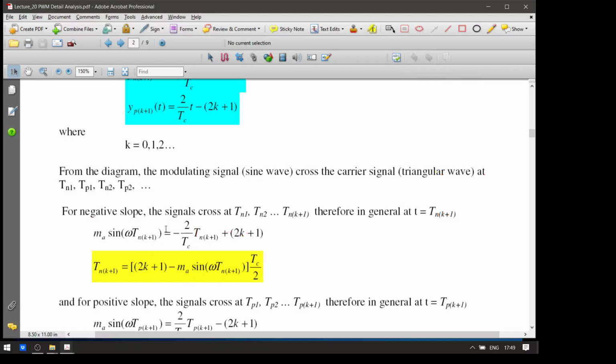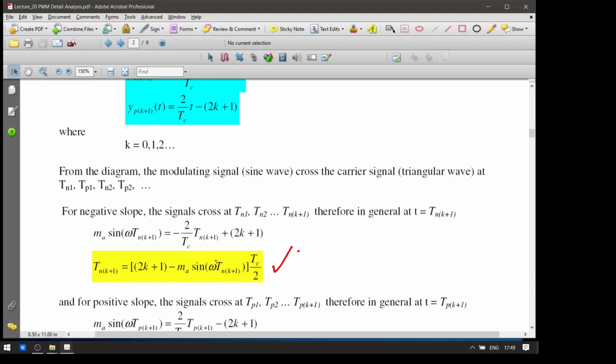You equate both equations, and you find that t can be calculated using this general equation: tn(k+1) equals 2k plus 1 minus Ma sine omega tn(k+1), multiplied by Tc over 2.